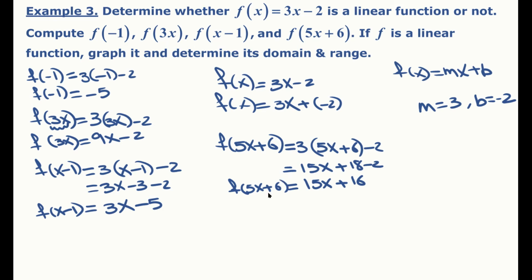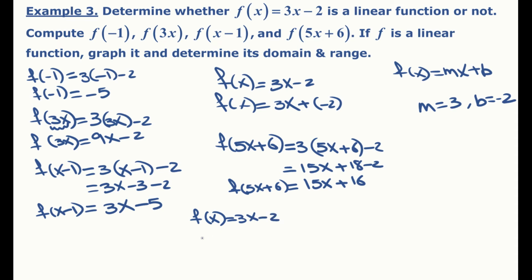All right. So the last thing is, if f is linear, then go ahead and graph it and determine its domain and range. Now remember, in order to graph that, we're going to take f of x equals 3x minus 2.